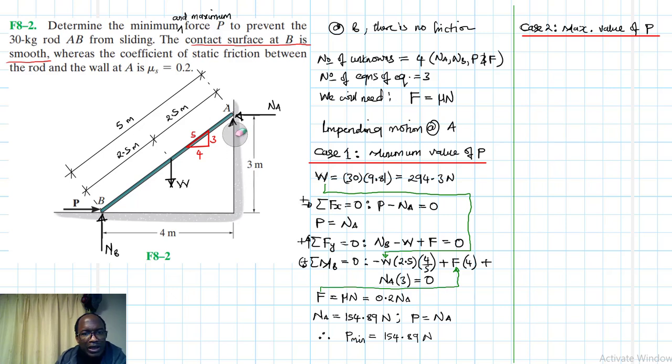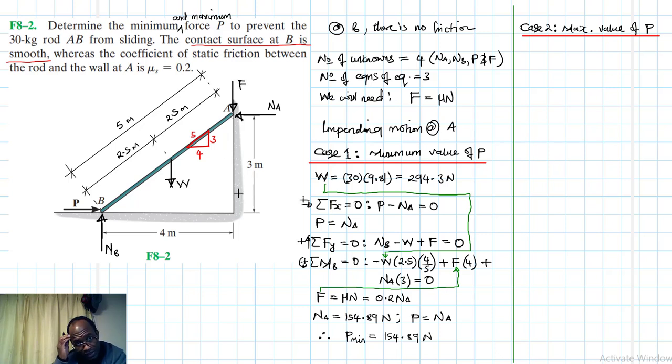Instead of facing down like so, because we want to find the maximum, this is how important it is. Remember we said when we have the case where we have impending motion, we always need to assume the right direction. So there we go, this one we are calling F.